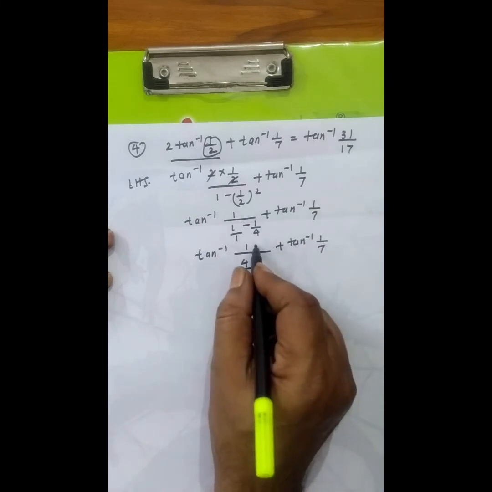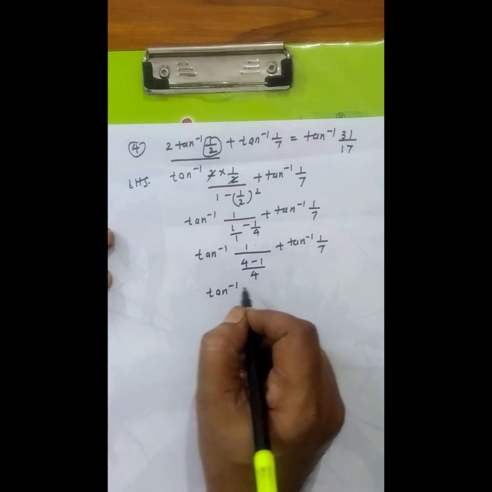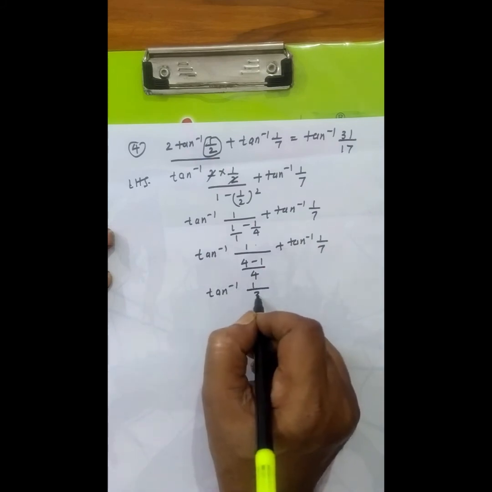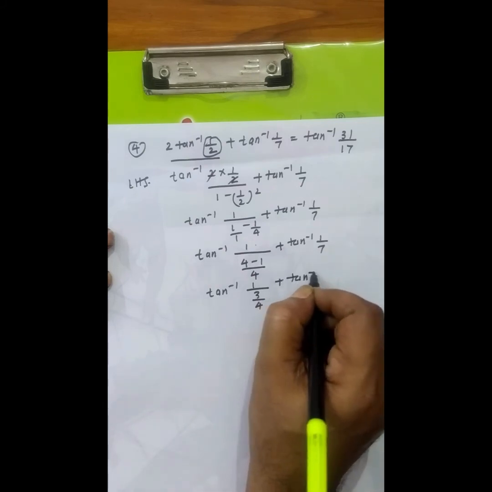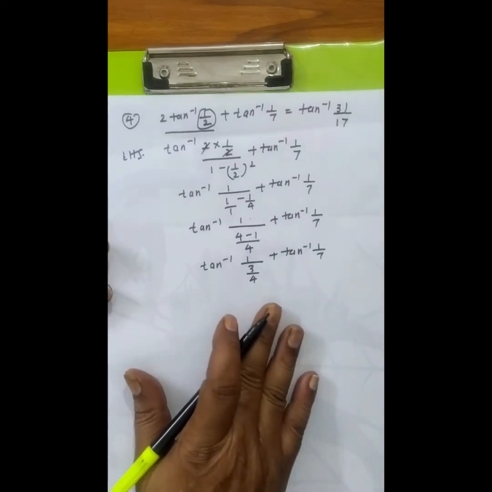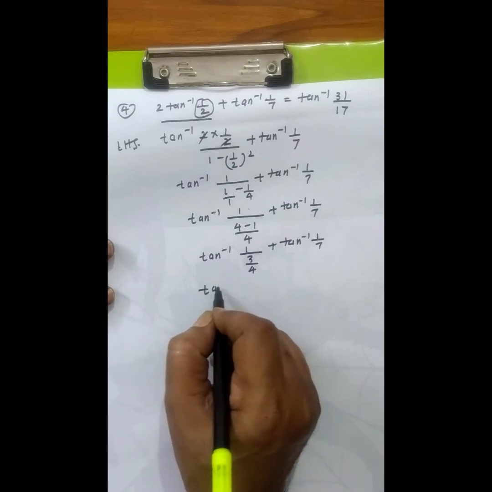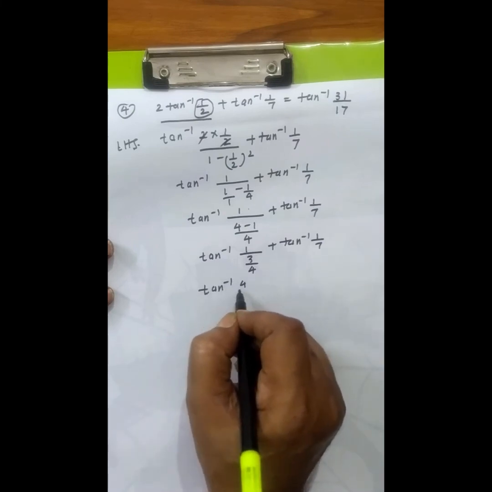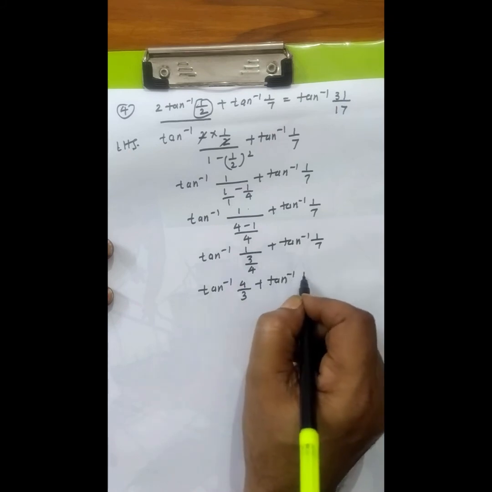So this 4 will go to the numerator, or we can rewrite this as tan inverse of 1 divided by 3 by 4 plus tan inverse of 1 by 7. So 1 upon 3 by 4 we can write as tan inverse of 4 by 3 plus tan inverse of 1 by 7.